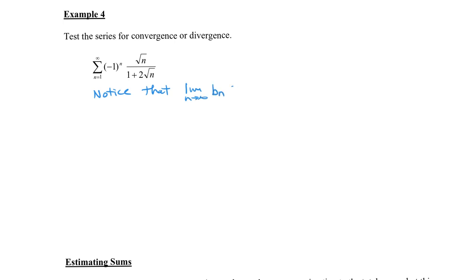So I'm looking at the second condition of the alternating series test. This is the limit as n approaches infinity of the square root of n over 1 plus 2 times the square root of n. Back in the good old days of Calc 1, we'd see this is infinity over infinity.